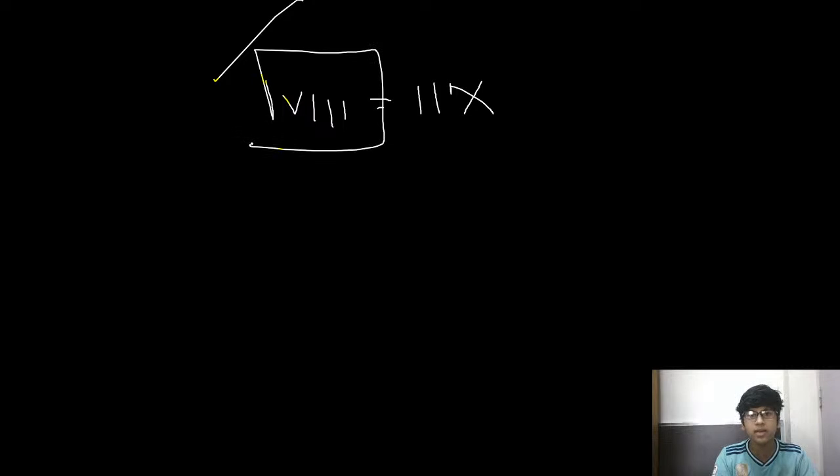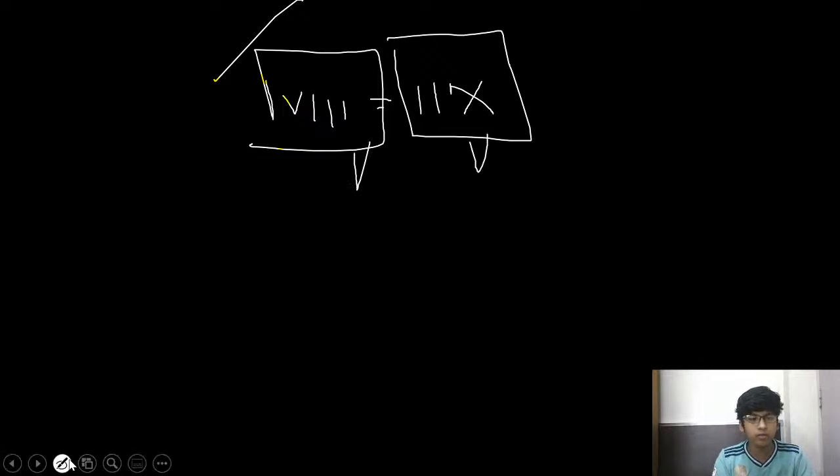So the question is whether this will be the number or this will be the number. According to the convention, they have decided that 8 will be written like this and not like this.